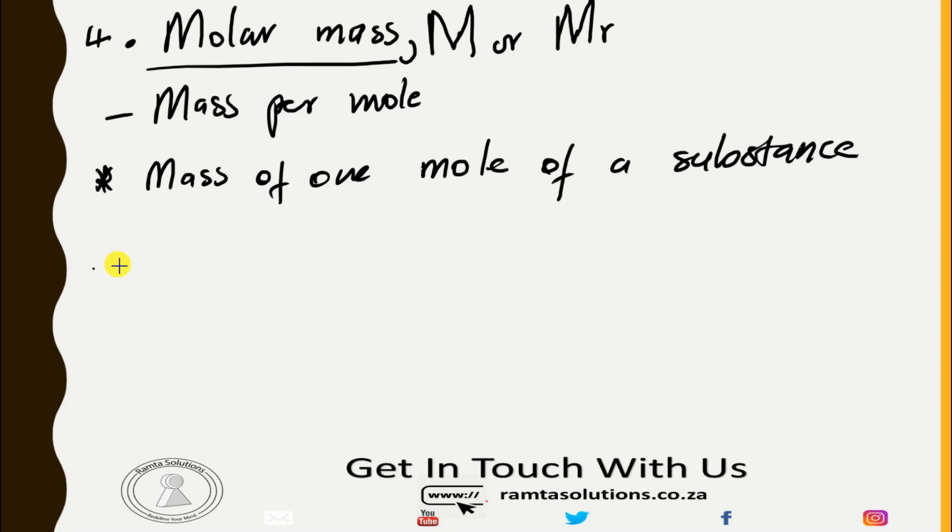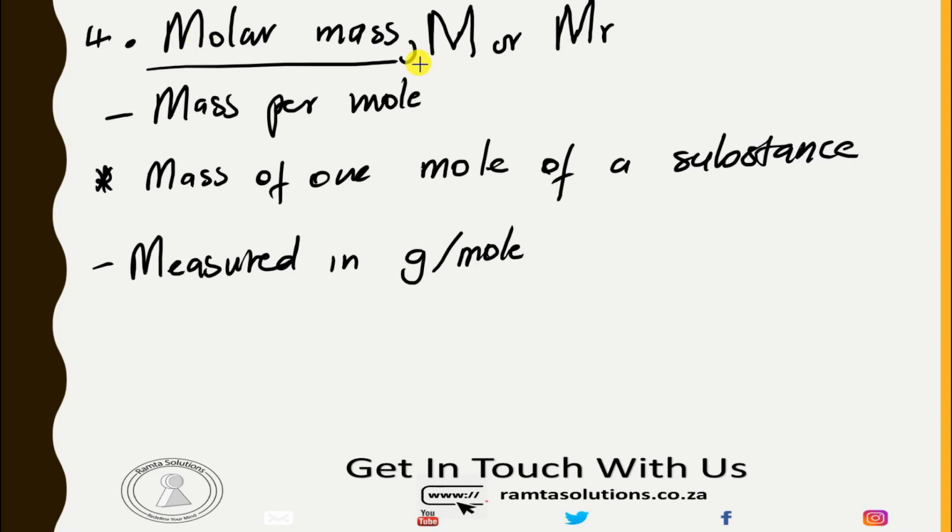Now this is measured in gram per mole. Remember I said, depending on what you're going to do after school, if you're going to do any subject or any course related to chemistry, whenever you see molar, you must know that you have divided by mole.